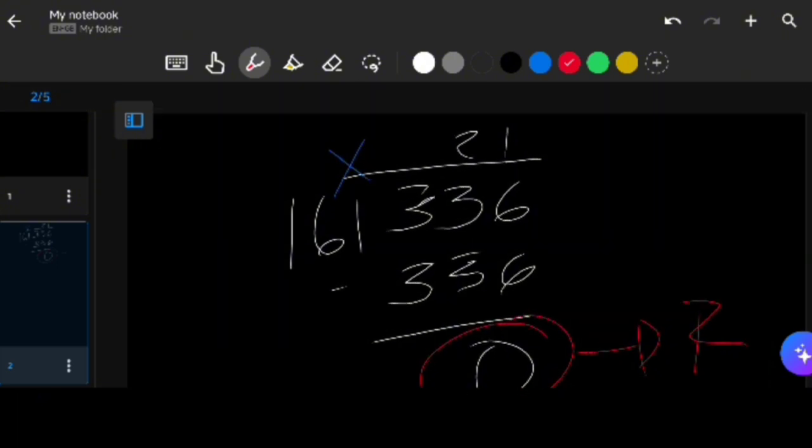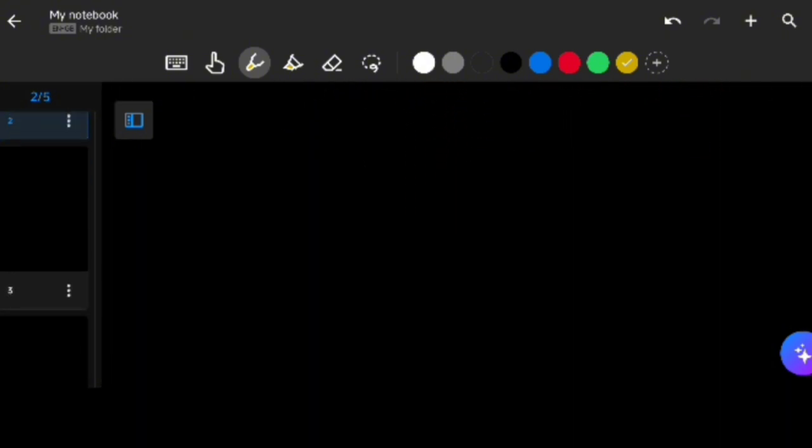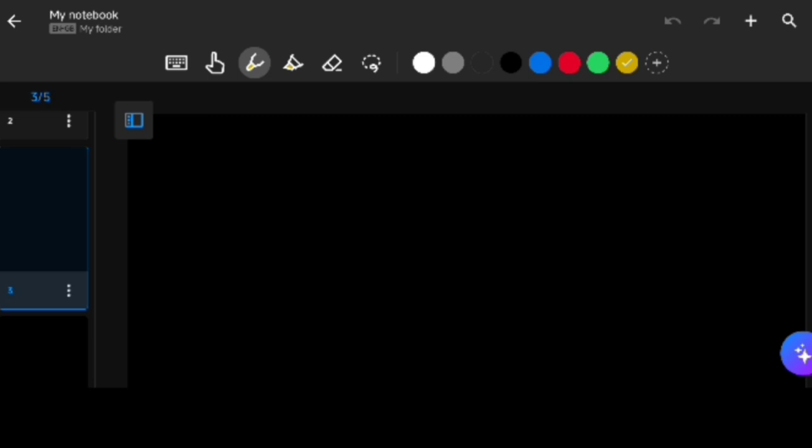Now, let's get again our second quotient, which is 21. Again, uulitin lang natin yung process hanggang maging 0 yung quotient natin. So, let's divide 21 by 16. So, 21 divided by 16 is 1. And that gives us a remainder of 5.